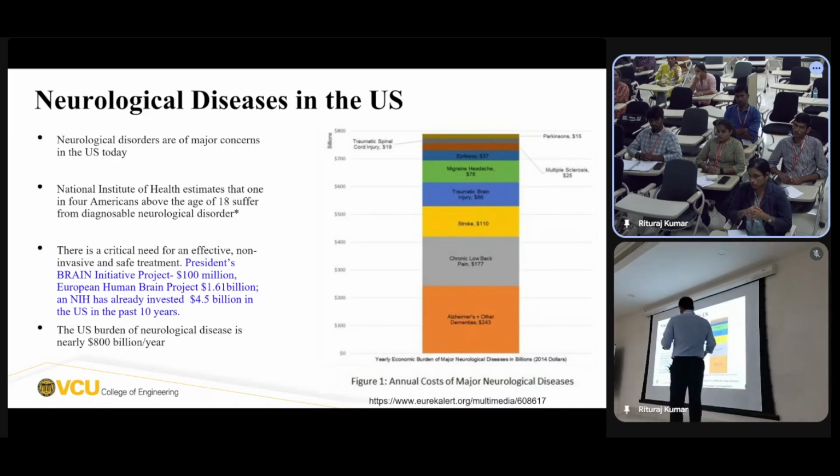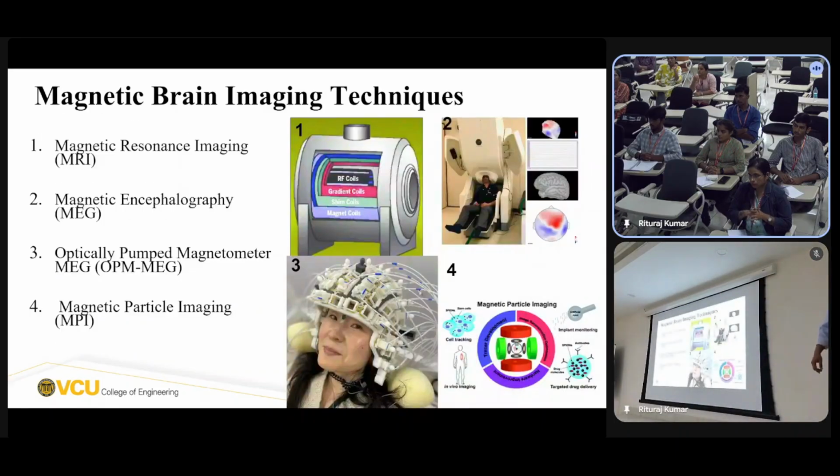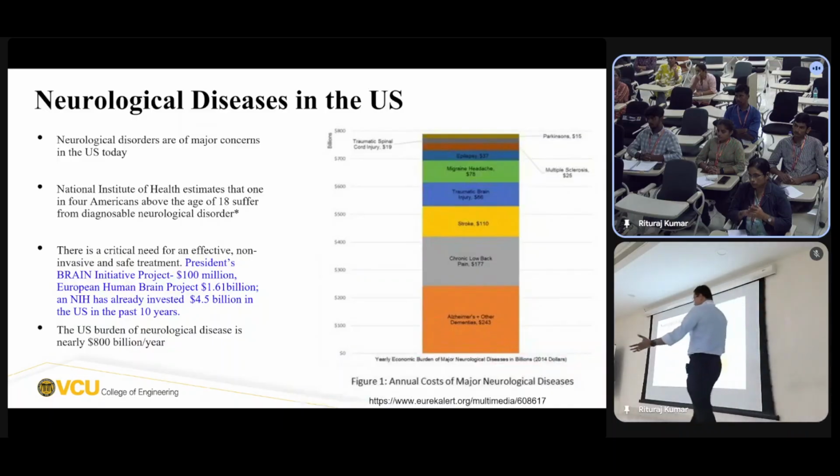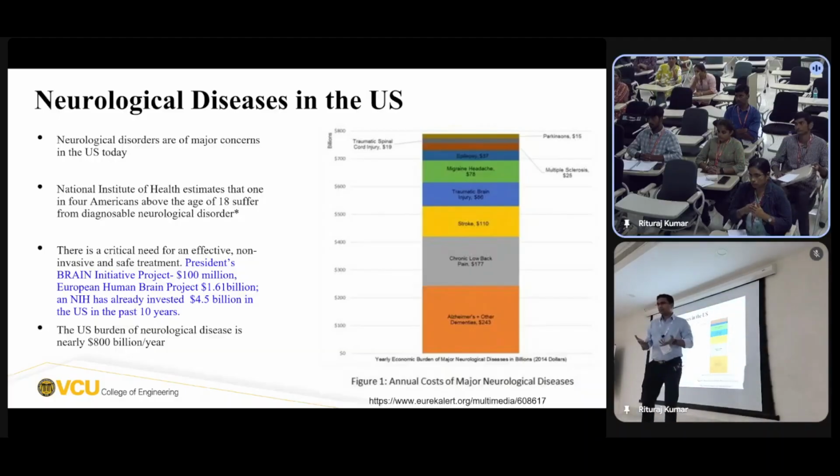And as the mean age of the population increases, as people start living longer, there are more and more neurodegenerative diseases.